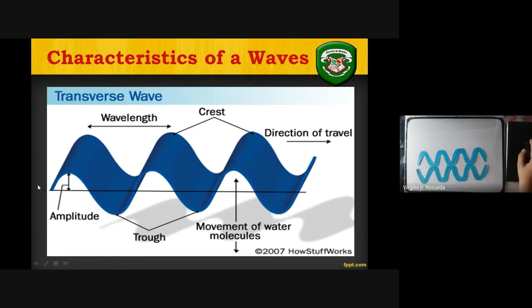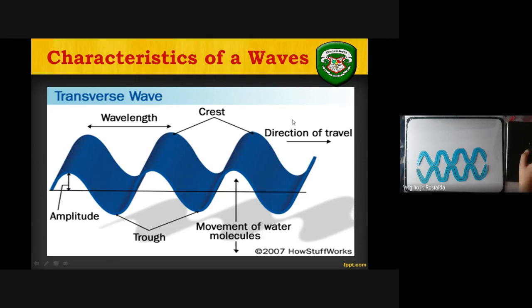Para siyang ganitong nagta-travel. So there is an amplitude or the height of the wave. May wavelength tayo. Meron tayong crest, the highest point, kung gaano kataas doon ang nare-reach ng wave natin, and the lowest point naman yung tinatawag nating trough. And the movement of the transverse wave, particularly the movement of the water molecules, ay paganito.